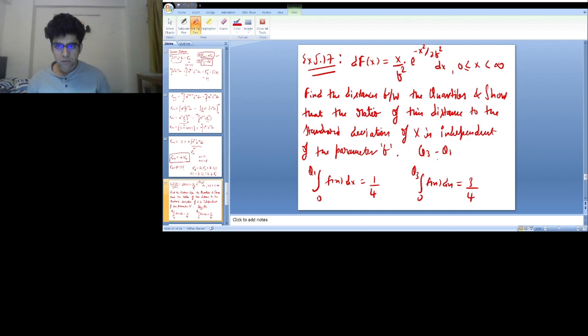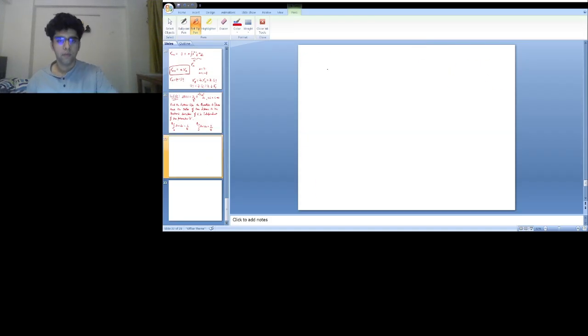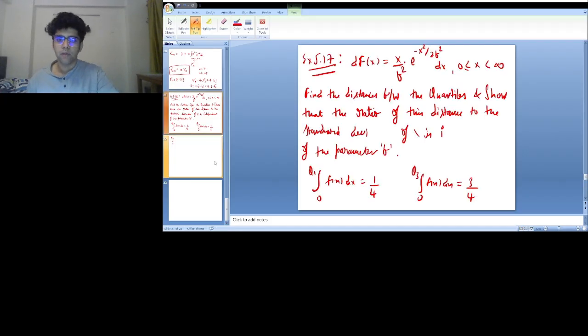So let's just find the first quartile and then the third quartile, then the standard deviation, their differences, all of that. So let's just start with 0 to q1.